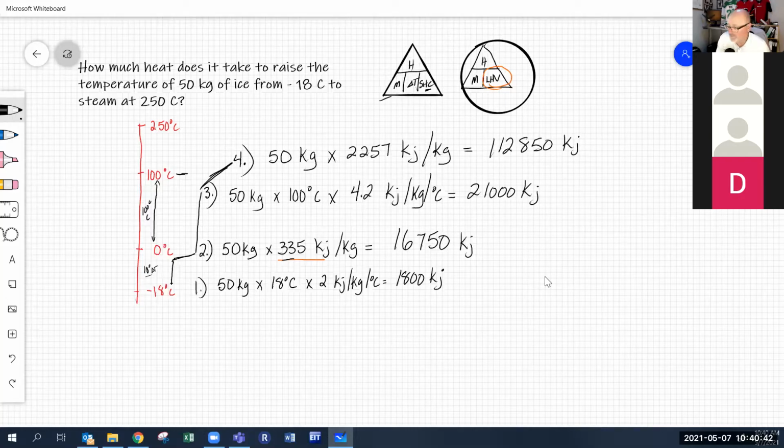And now that we've got that water to steam, I want to raise the temperature of that steam. We call this number 5, to 250 degrees from 100. So that's 150 degree C delta T. This is sensible heat. So it says take your mass.